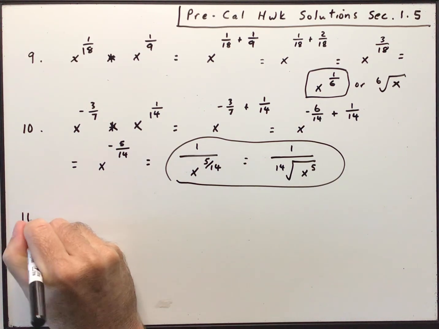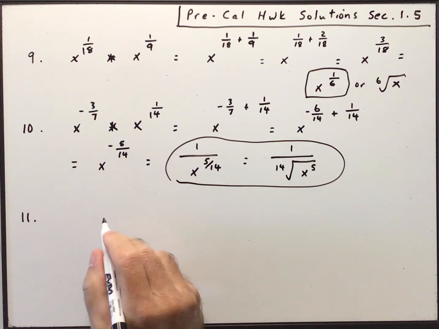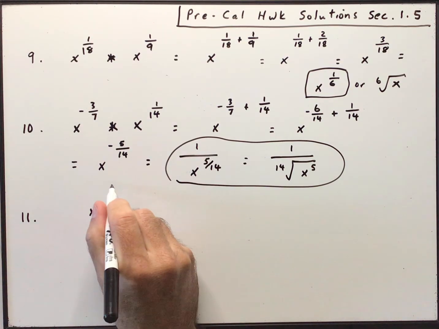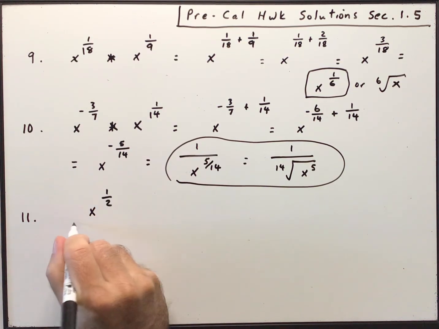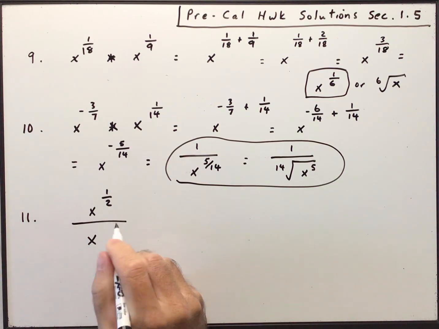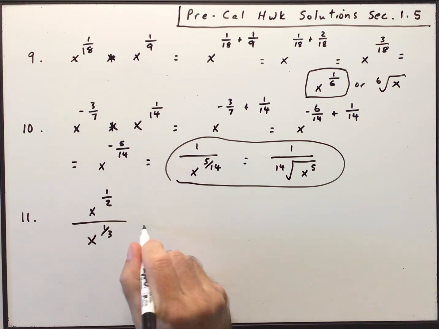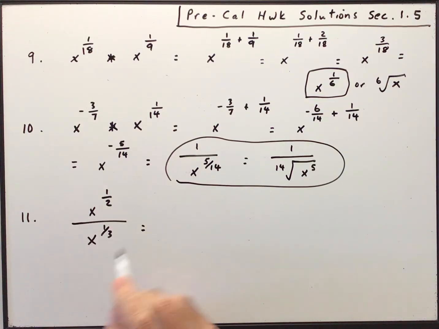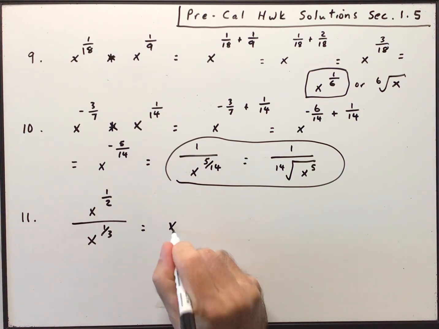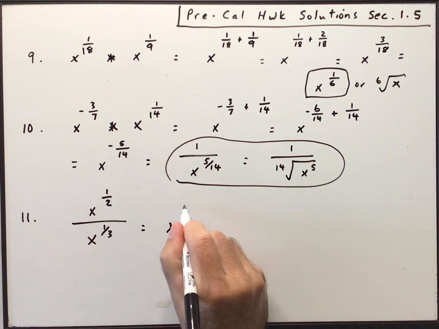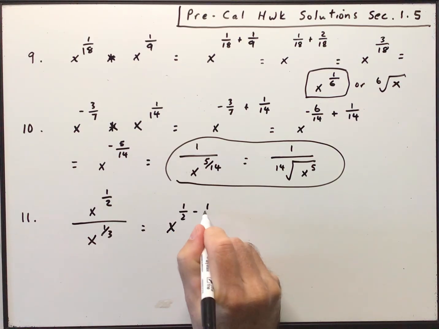All right, number 11. These take up a lot of space. So we're going to divide x to the 1/2 by x to the 1/3. So with division in the same base, you would subtract the exponents. So that's x to the 1/2 minus 1/3.